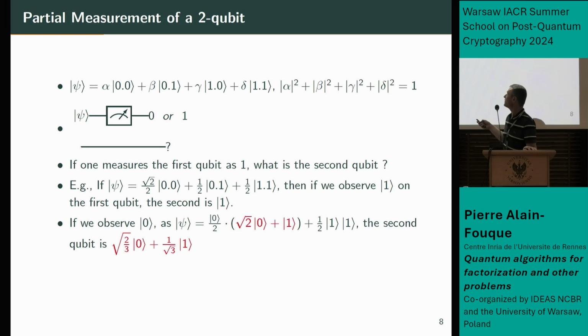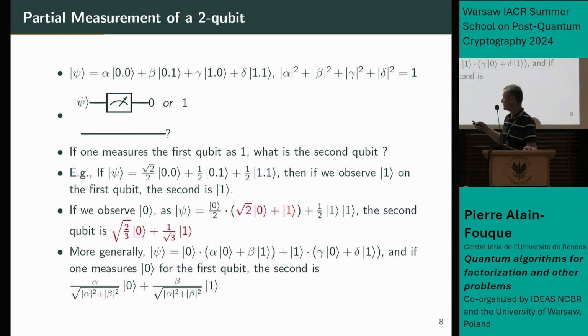So I can factor this 0 out of the 2 different states, and I will get this new state. And right after normalization, if I observe 0 for the first qubit, the second qubit will be that one. Okay, so you just have to factorize with the 0, and you will get the result.